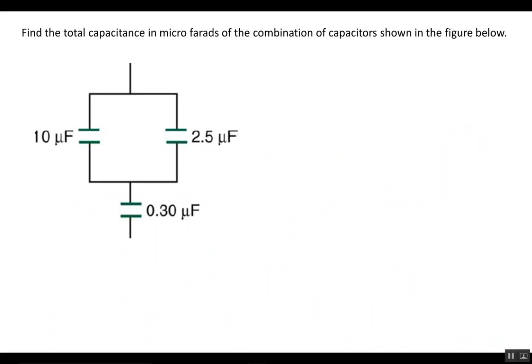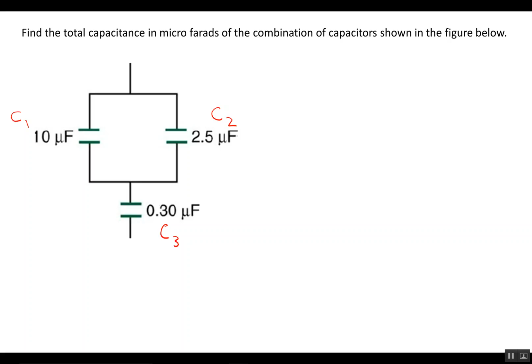Okay, so here's a problem where you have a circuit with 3 capacitors. Two of the capacitors are wired up in parallel; let's call those C1 and C2. The other capacitor, C3, is wired up in series with the other 2.